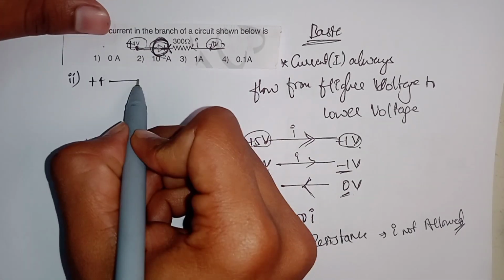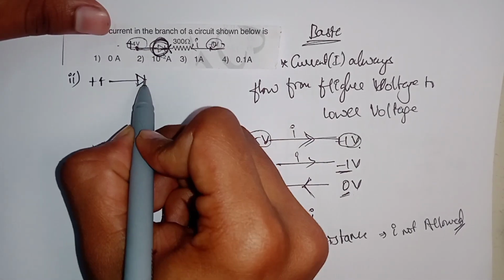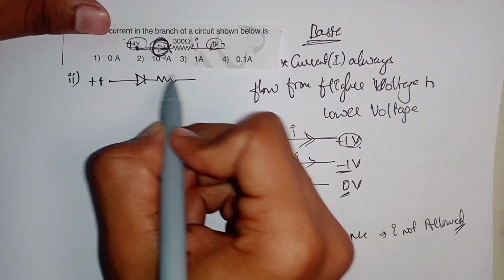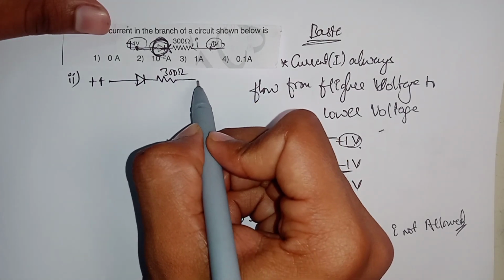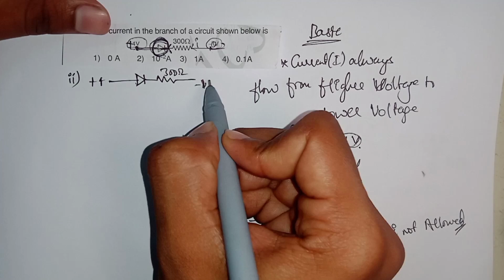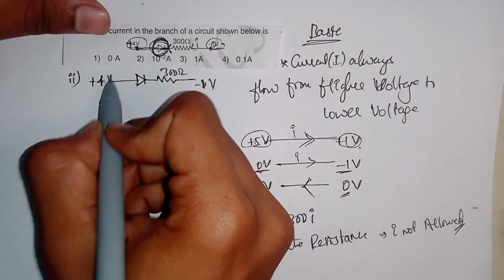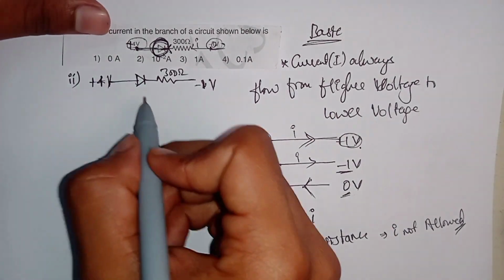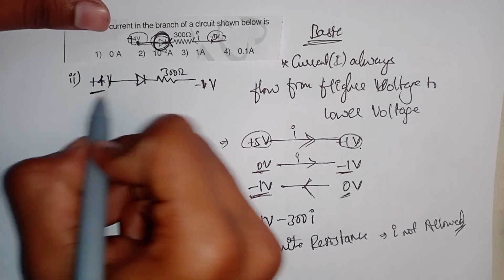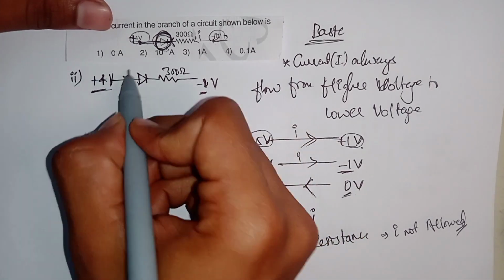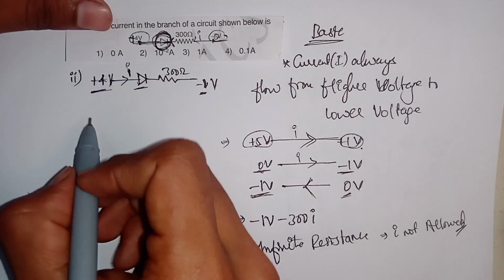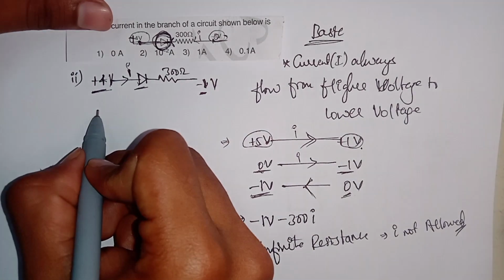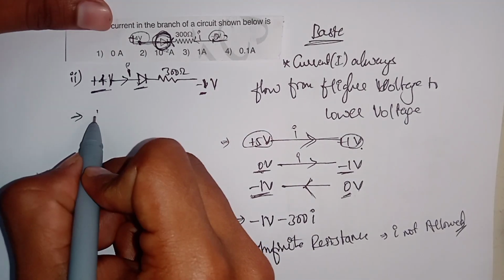Plus 4, and like this a forward diode and 300 ohm, and we have a minus 1 volt. See, plus 4 volt. Now you know this is higher value, this is lower value, the current will be flowing like this, and the diode is in forward bias, so we can write the equation. See how we can express the equation.